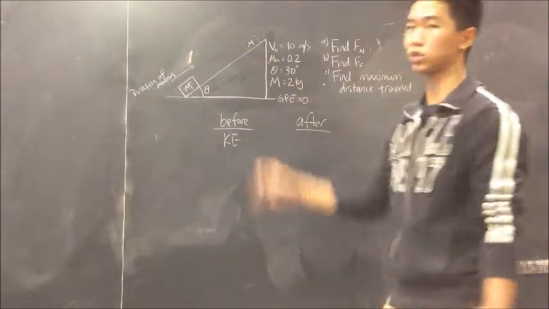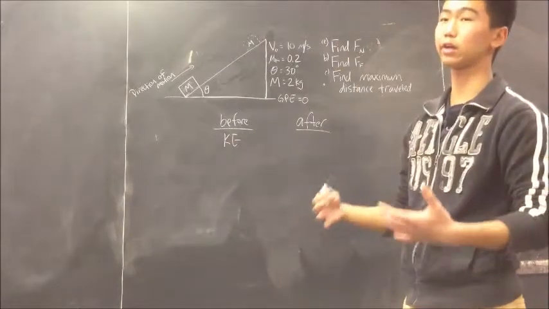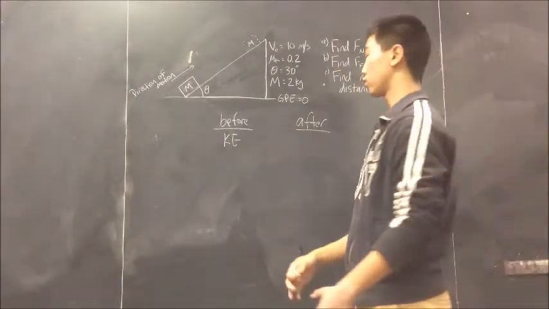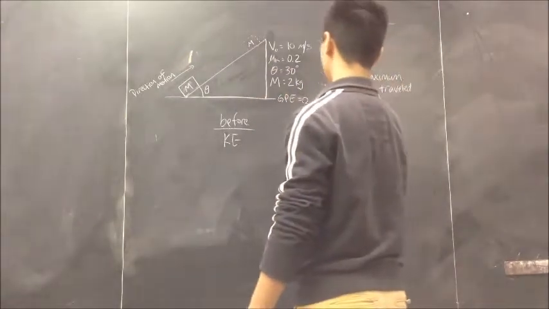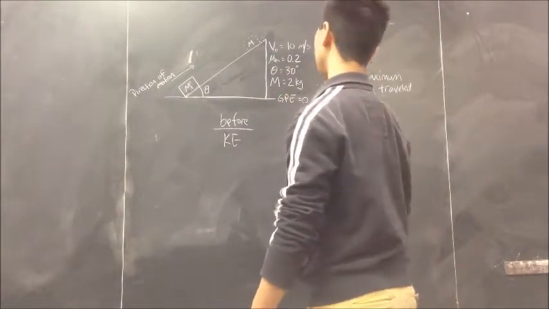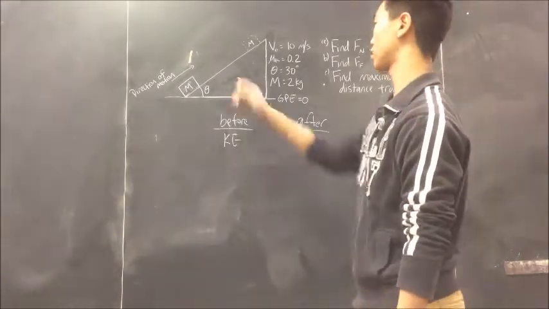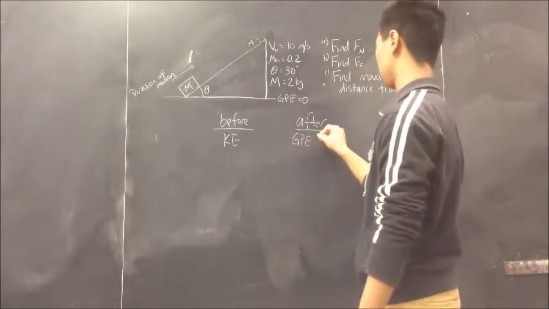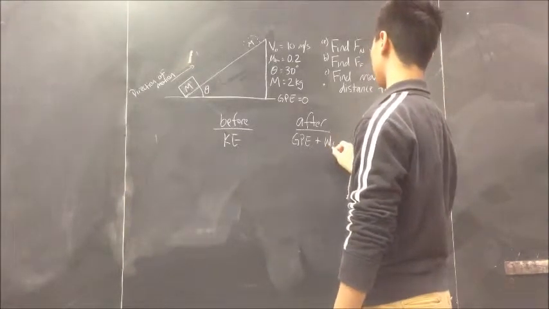Afterwards, when it stops, it's got no more kinetic energy, and all that kinetic energy has been transferred into potential energy, gravitational potential energy in this case. But we also must account for the friction that exerts a force on the mass. So we have to make sure we also account for the work done by the friction.